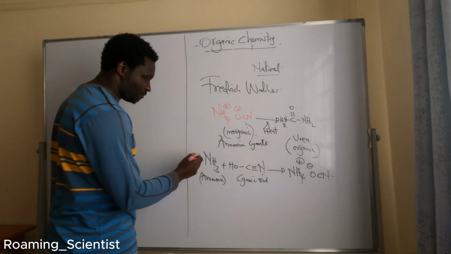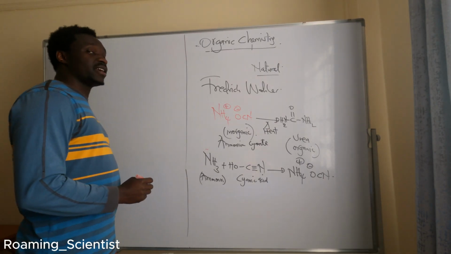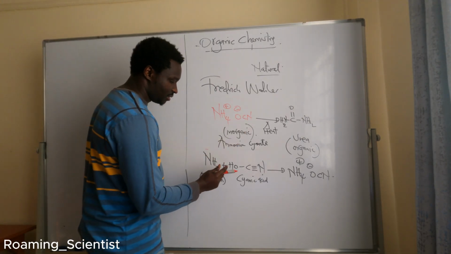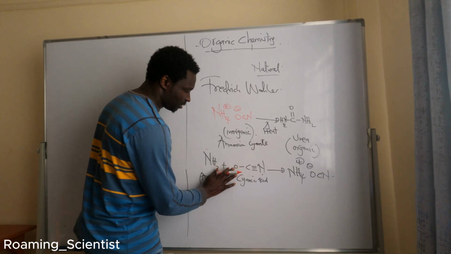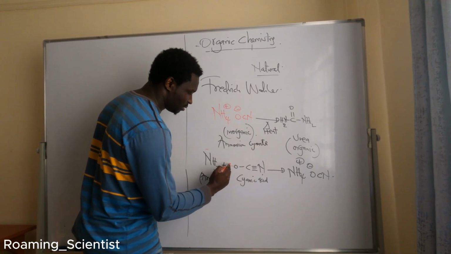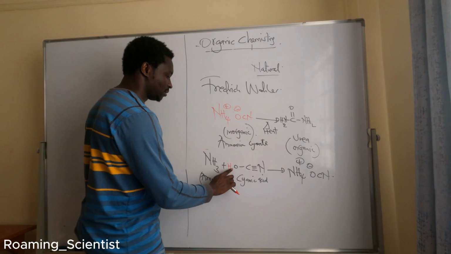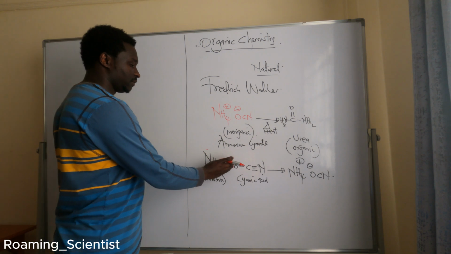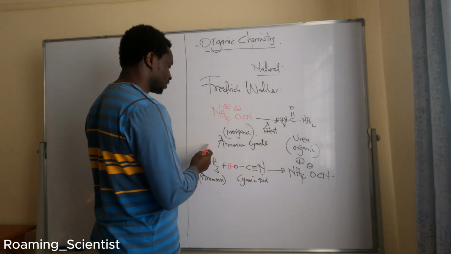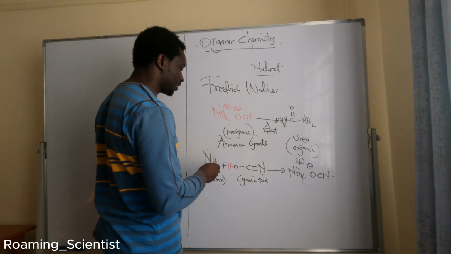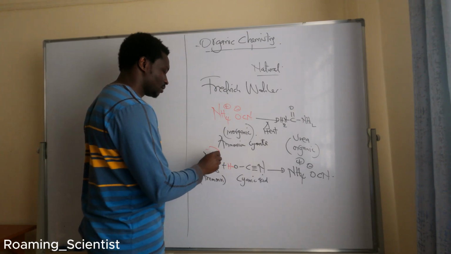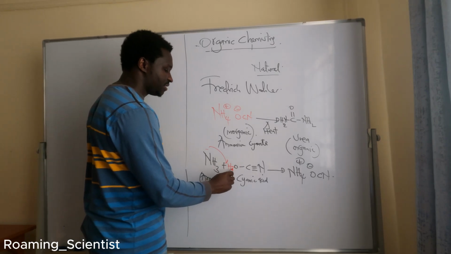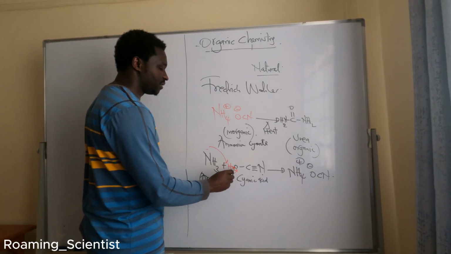As you can see, ammonia has lone pairs of electrons, and this acid has a bond between hydrogen and oxygen to form this proton. Because this is a nucleophile, it will attack this proton like that, and this bond here will break and the electrons will be deposited.